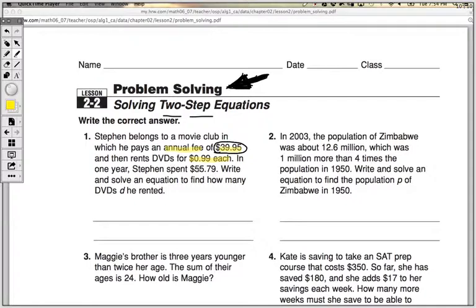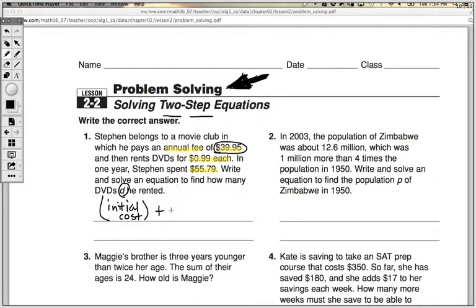Then it says Stephen spent $55.79. So this model is using a classic mathematical model to see what's happening. And they're going to ask us to use the number of DVDs, the letter D here. So the model is that you have an initial cost, so we start with that much.